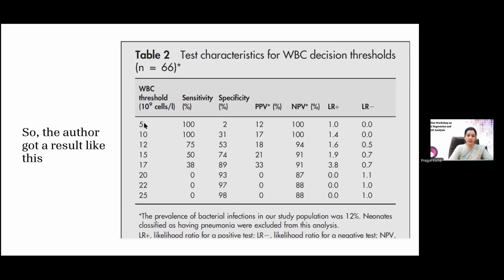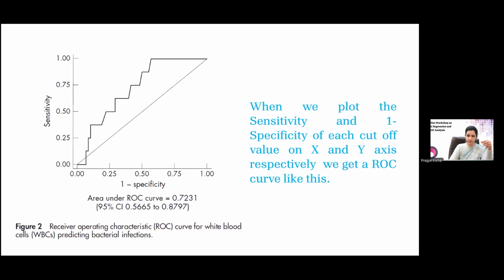Okay, so this way he has proposed the test characteristics, and you can see what is happening in the background. At each cutoff level, the software plots a 2x2 table, converting the continuous variable into a categorical one, like more than or equal to 5 will be positive for bacterial infection, and less than 5 negative. Then again you have true positive and true negative. At each cutoff, it calculates the sensitivity and specificity.